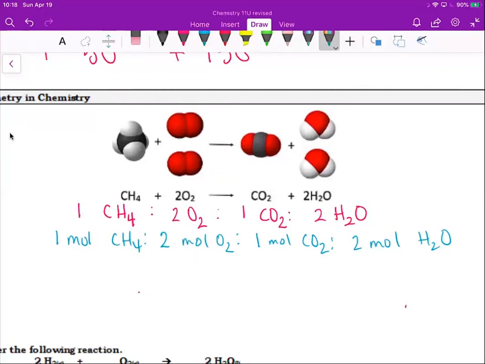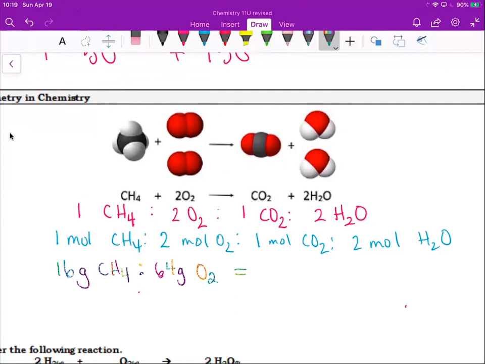So if I have 1 mole of CH4, that's going to be how much? 16 grams of CH4 is going to react with 64 grams of oxygen. I'm just going to put an equal sign, but it's the colon as well.